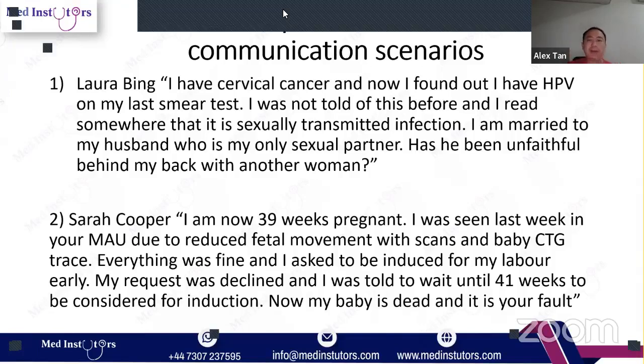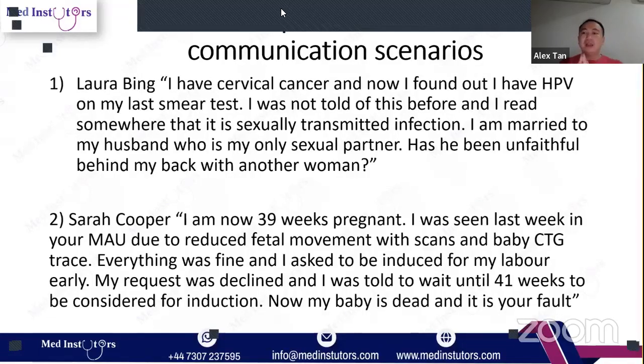So, going back to stations, which will give you a lot of awkwardness. Laura says she has cervical cancer and had HPV on her last smear test. She never knew she had HPV before, and she read somewhere it's an STI. She's been married to the same partner all her life, and she only had a sexual relationship with one man. It's going to be a common station in your colposcopy station.